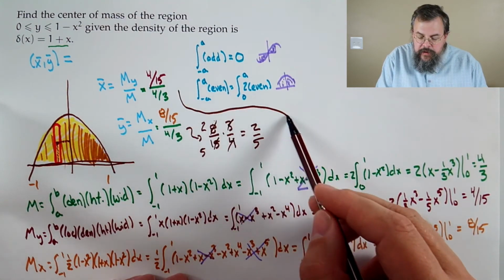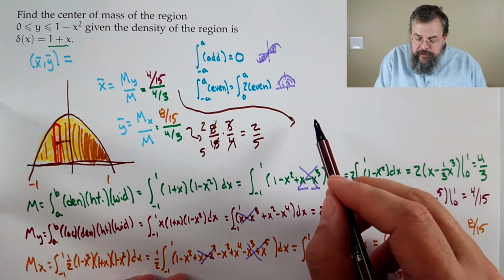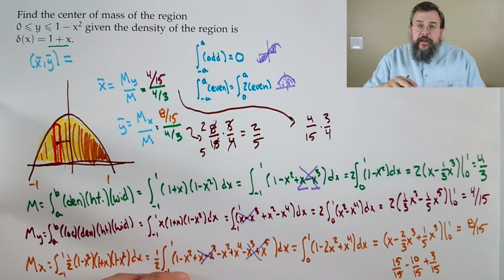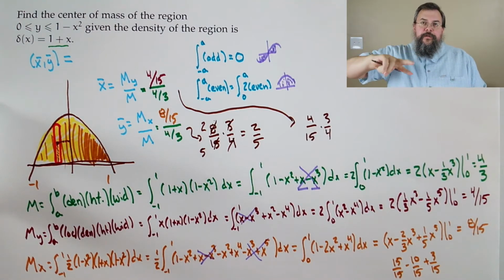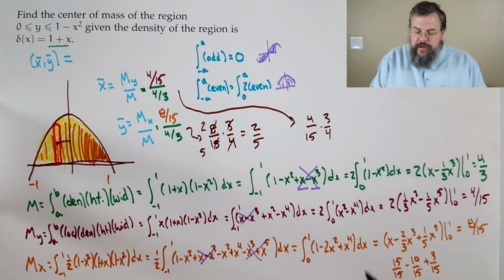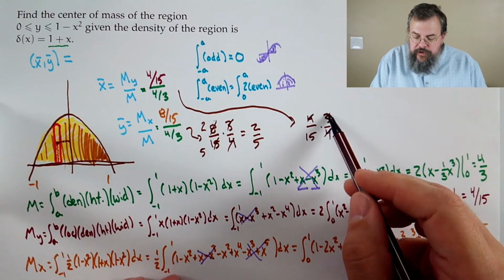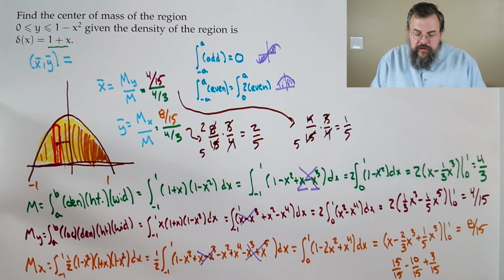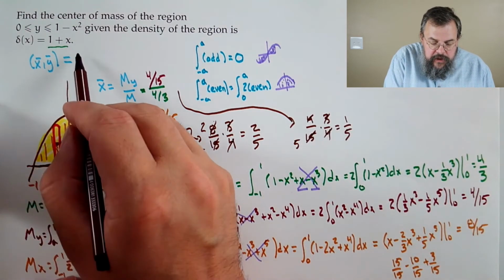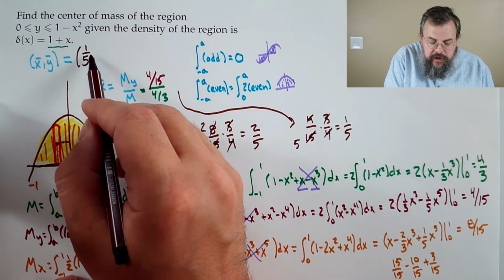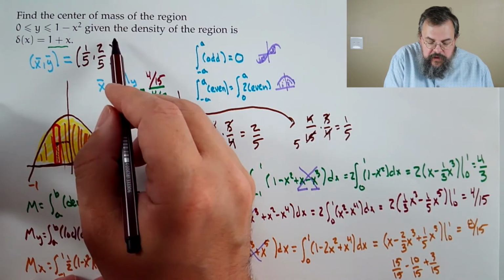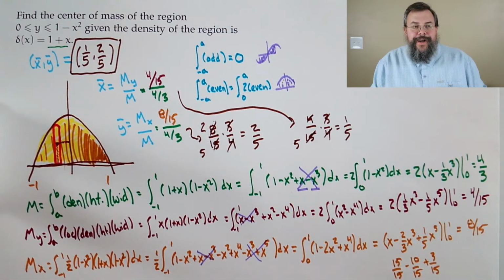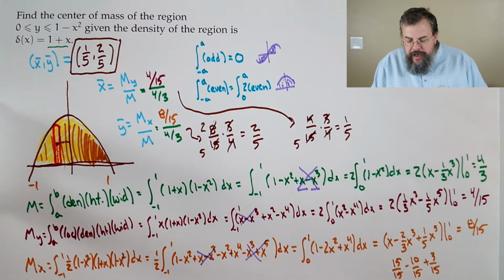The other term, for x bar, well, we have 4 over 15 times 3 over 4. Again, that 4/3 became 3 over 4 because it moved up, we flipped it over. The 4's cancel, 3 goes into 15, leaving us with 1/5. So our answer is 1/5, 2/5. And there we go. There's our center of mass. And we're done.